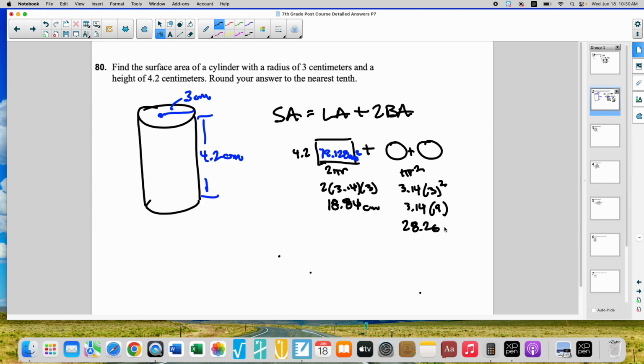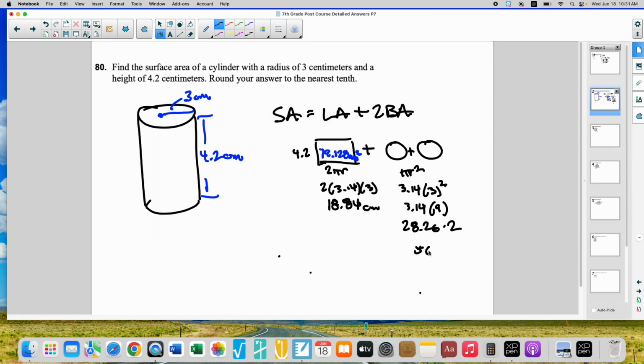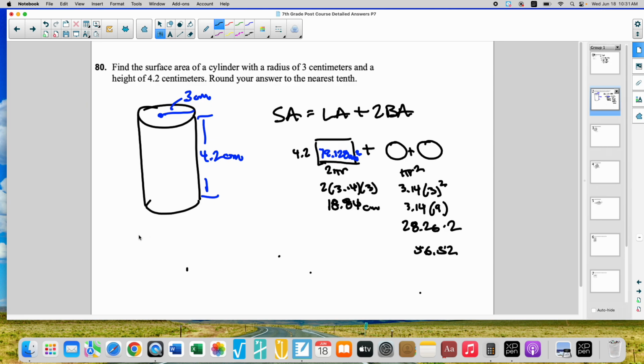We're going to multiply that by 2, because there are 2 circles, which equals 56.52. And then we add it to the 79.128. That gives us 135.648.